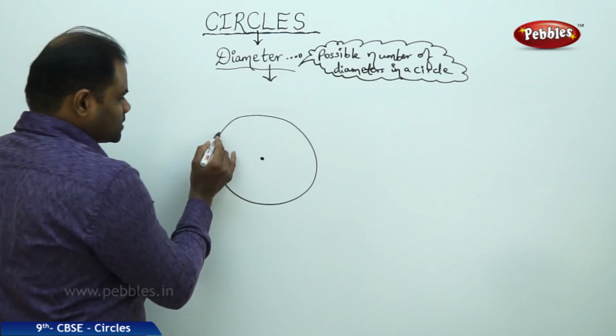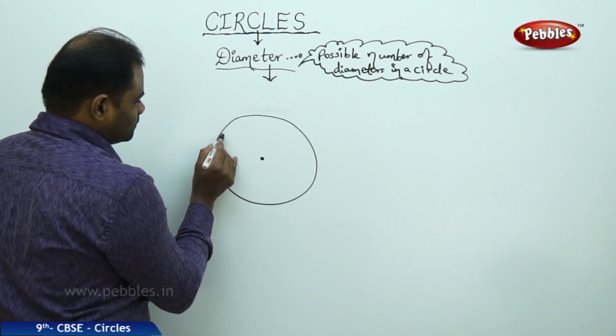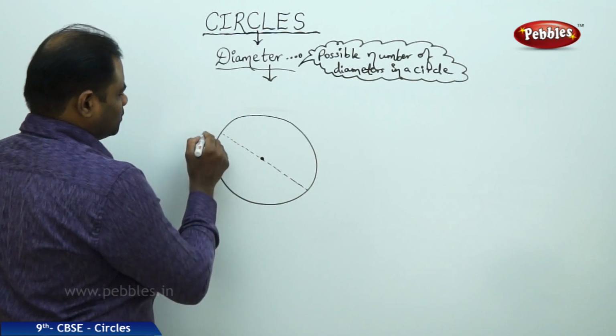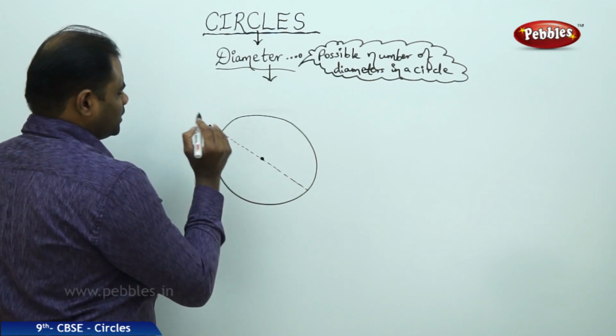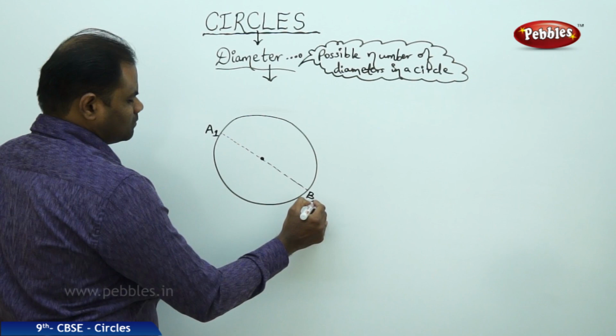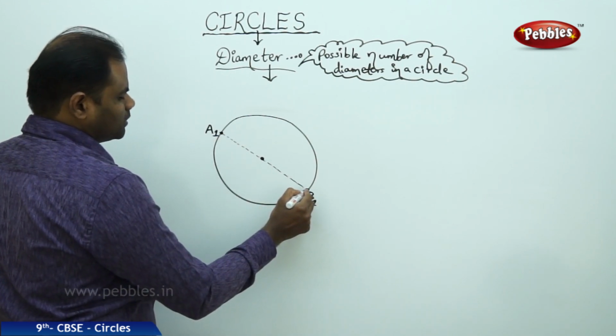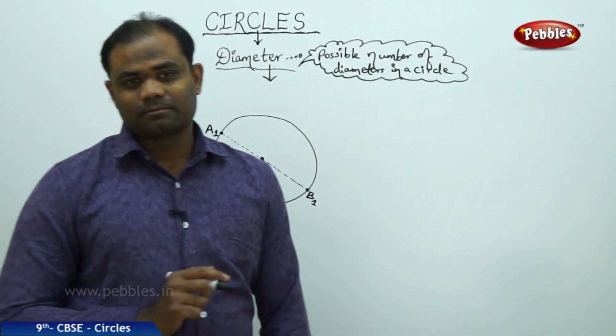So if I start from this direction, I have a chord A1, B1 with a point A1 out here and a point B1 out here in the circle.